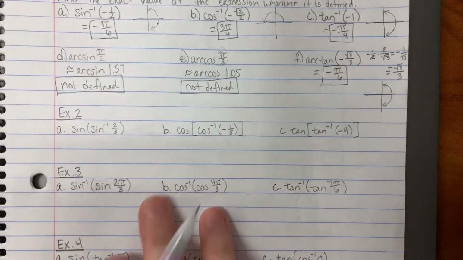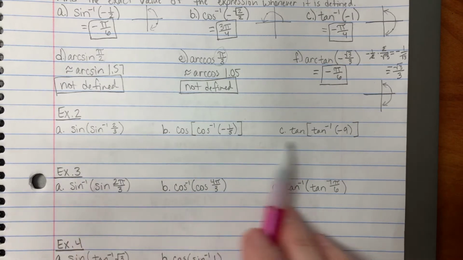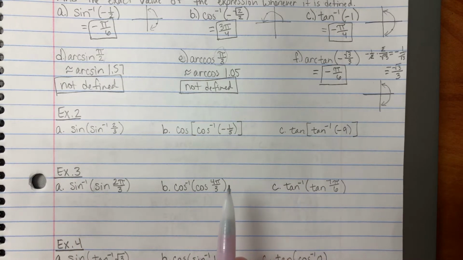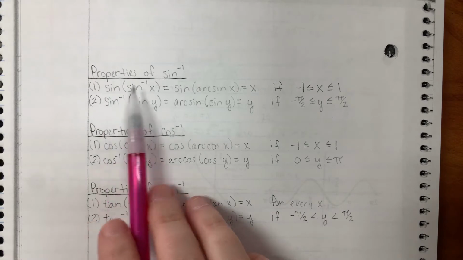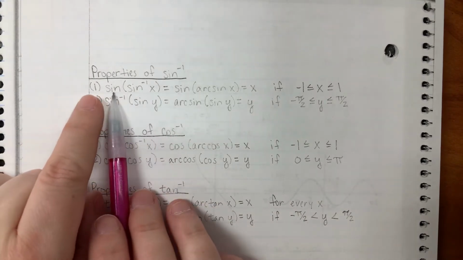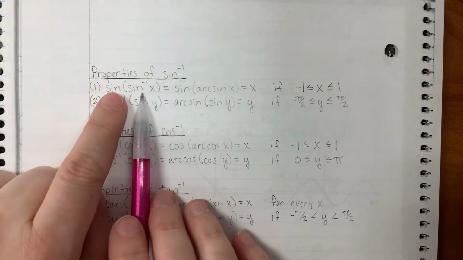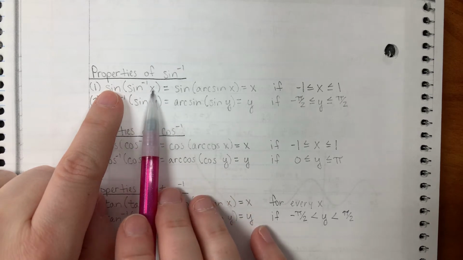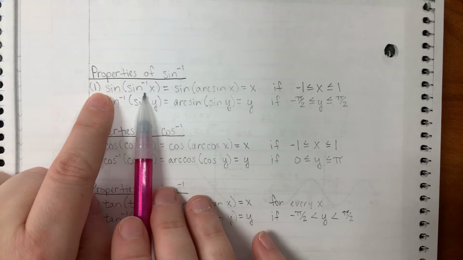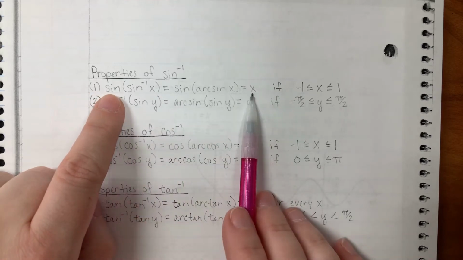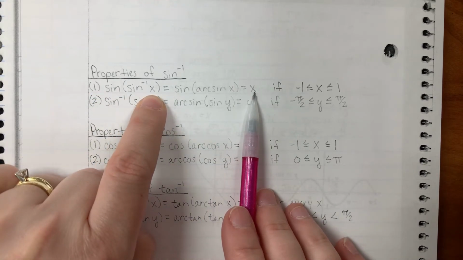All right, this next part, I love these. These are the easiest ones to do. So if you look back to your properties, when I'm dealing with properties 1 and 2, let's talk about sine first. If I have the sine of the arc sine of something, so if I take the arc sine of some value and then find the sine of that, that's just going to give me x right back again.